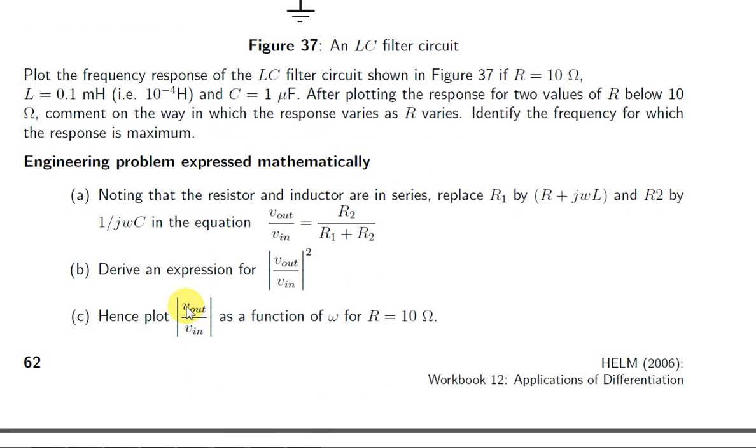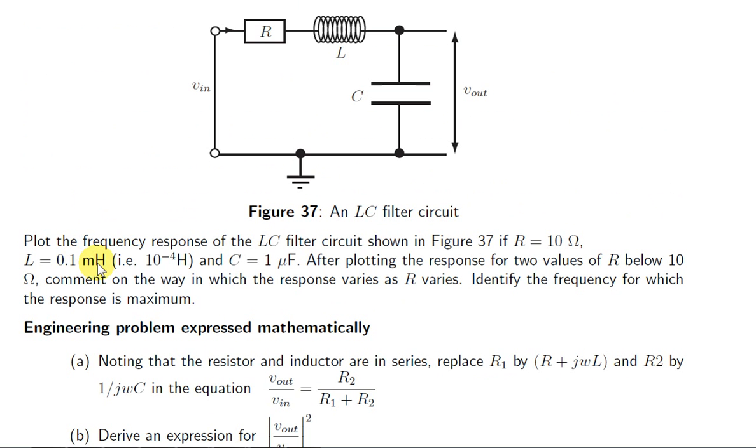Now we are going to plot V out over V in as a function of omega for R equals 10. L is 0.1 millihenries. A millihenry is a thousandth of a henry, or 10 to the minus 3 henries, so 10 to the minus 3 times 0.1 is 10 to the minus 4. C is 1 microfarad, that's 10 to the power minus 6 of a farad.